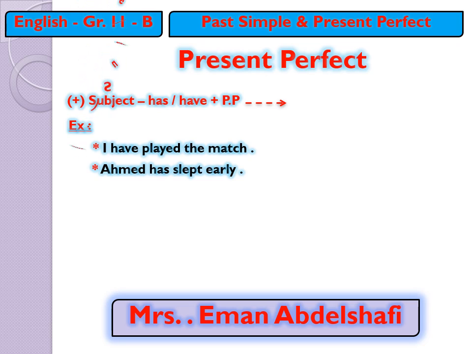For the negation, we will form it like this: subject, hasn't or haven't, plus the past participle and completion. As you can see, or you noticed, we haven't changed anything.